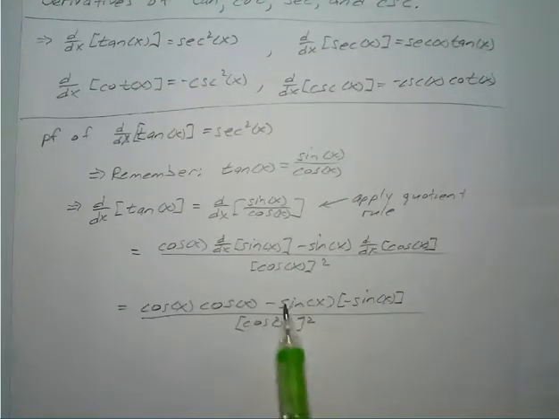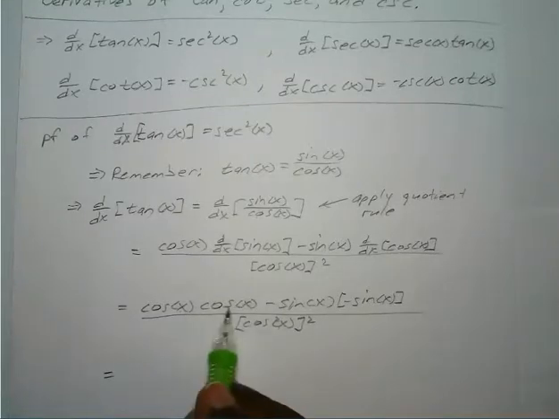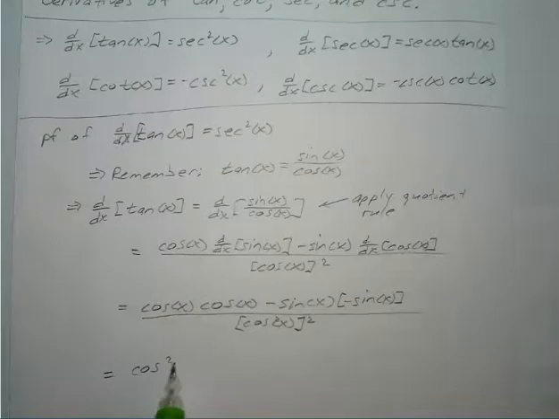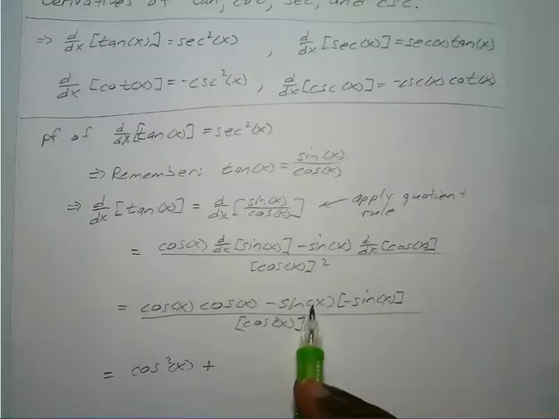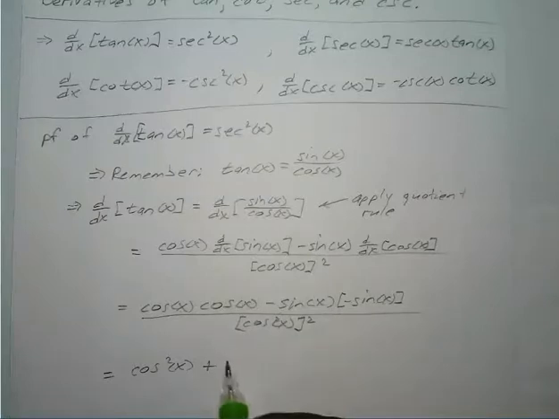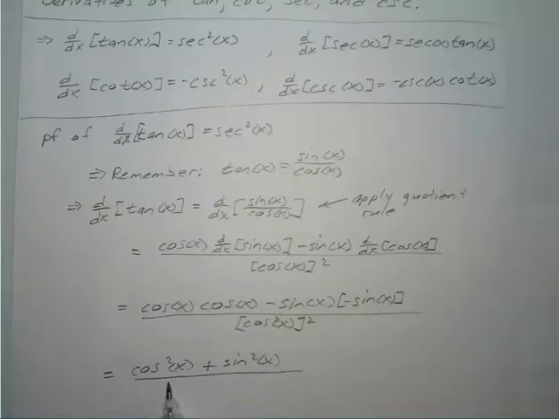Okay, so you have that minus negative, that becomes positive. So you have cosine times cosine, which is cosine squared. So you have cosine squared of x, plus sine times sine, which is sine squared of x, all over cosine squared of x.